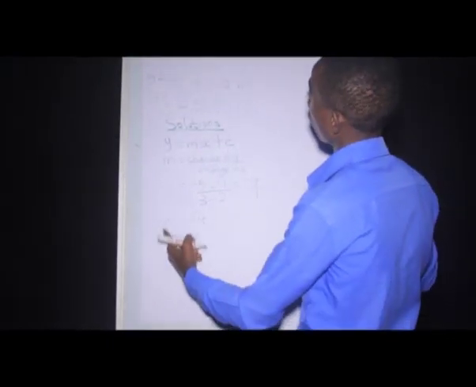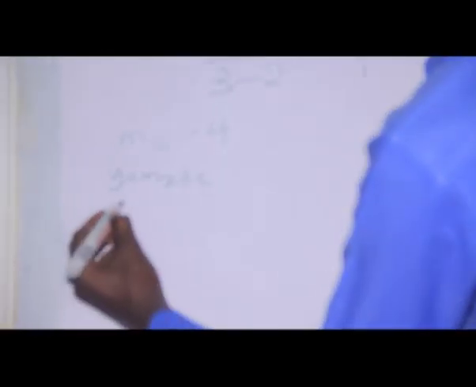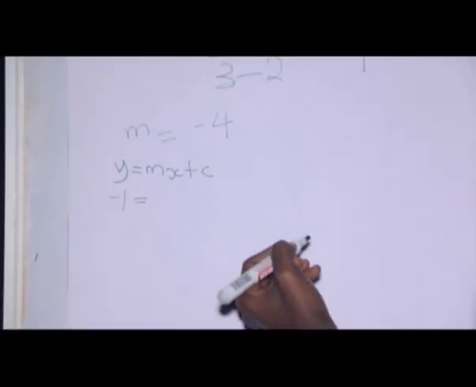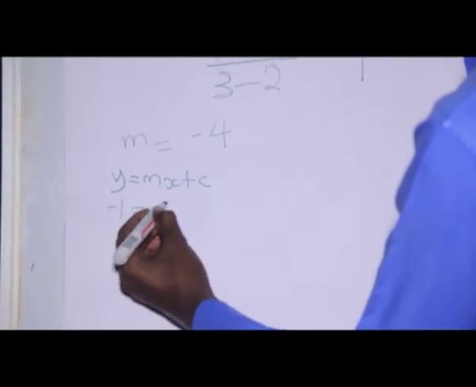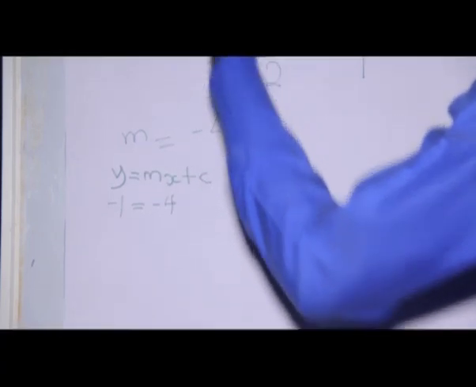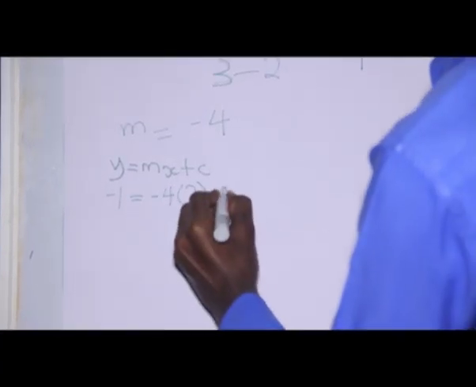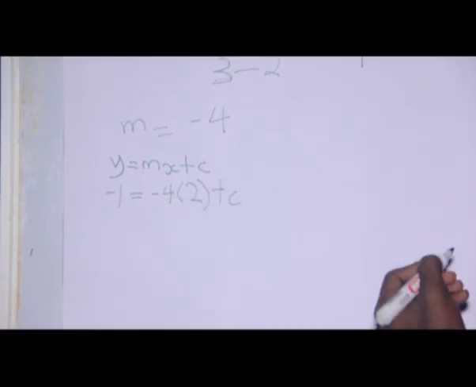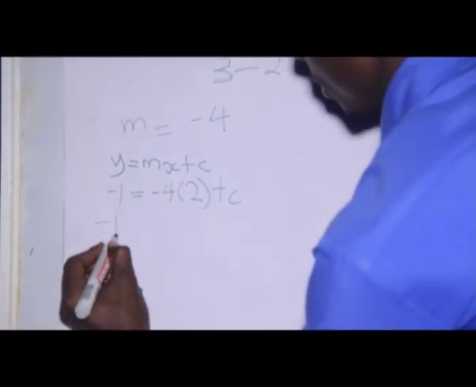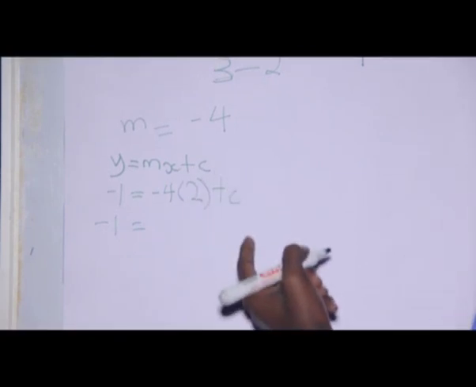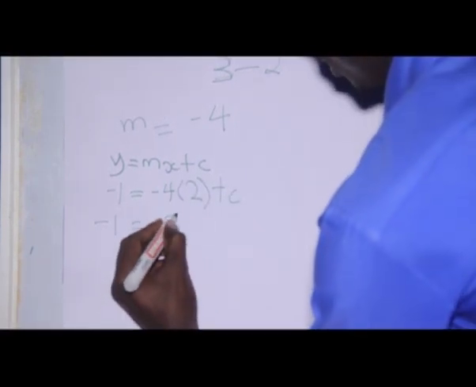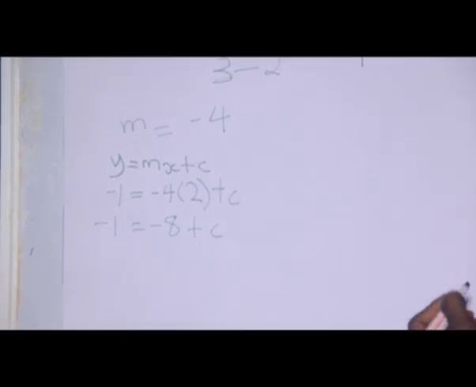Where there is y, I put -1, is equal to m, which we got as -4, multiplied by x, which is +2, plus c. So I have -1 is equal to -4 times 2, which gives us -8, plus c.